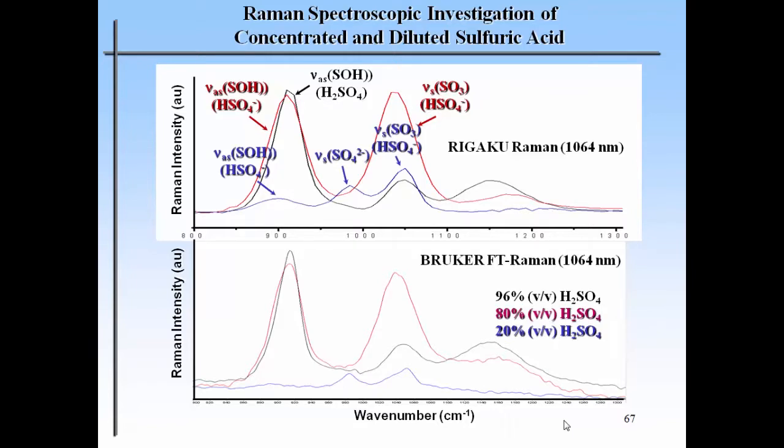And if you go a step further, you further change the ionic concentration. If you look, for instance, here at SO4 2 minus, this vibration here, which is not here in the concentrated and in the 80%.